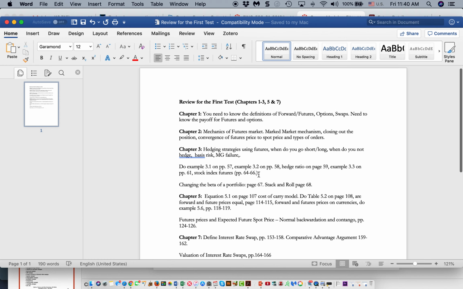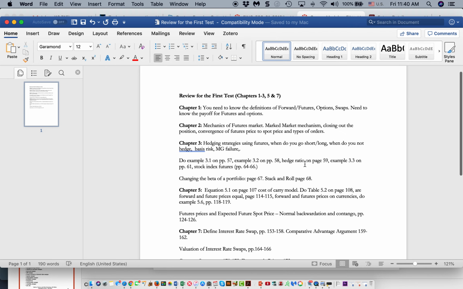as you prepare, keep your midterm on your mind. This is the review: in chapter 1 you need to know the definitions of forwards and futures, options, swaps, and payoffs for futures and options. In chapter 2, mechanics like mark to market, closing out the position, convergence of futures price to spot price, and the types of orders that we have gone through.